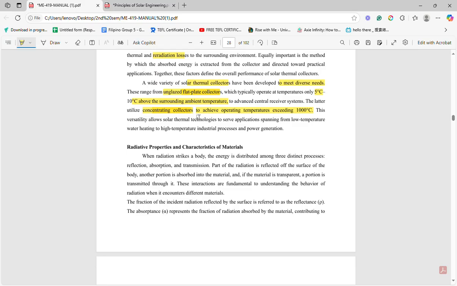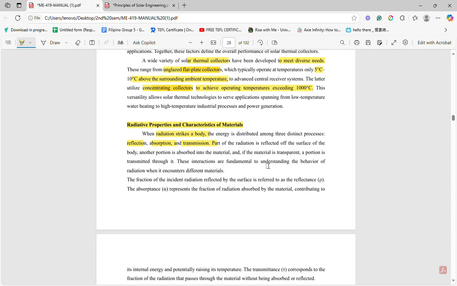But for now, we are going to be discussing the radiative properties of our solar thermal collectors. So, what is this? When radiation strikes a body, the energy is distributed among three distinct processes: reflection, absorption, and transmission.